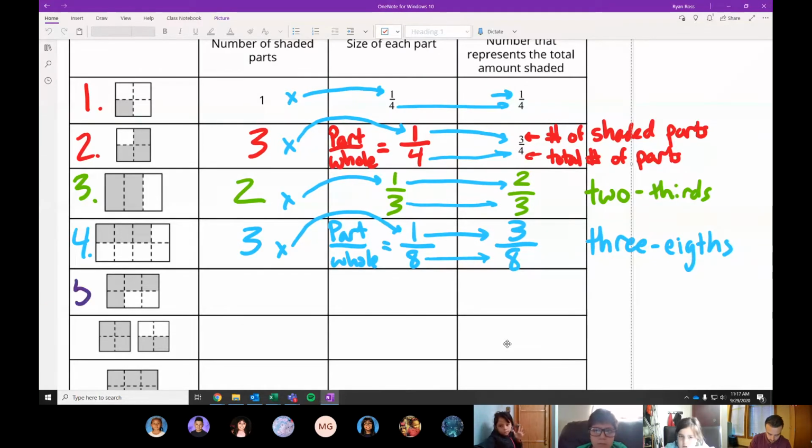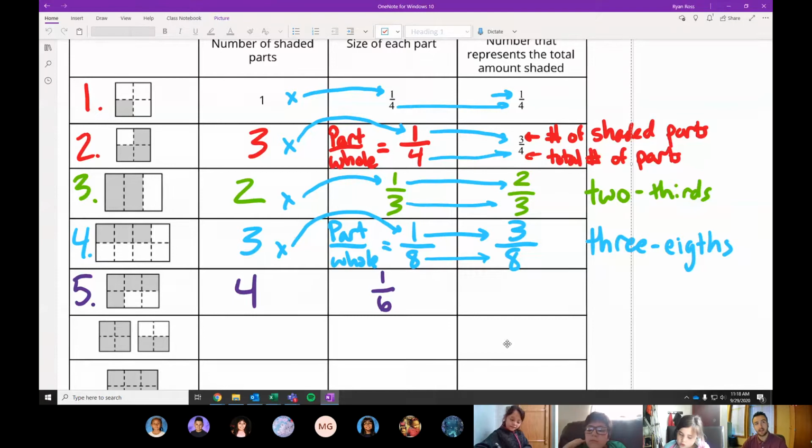Okay, let's look at 5 here. Let's use purple. Okay, who can help me with 5? Elizabeth, do you want to help with 5? Four. Okay, so there are 4 shaded parts. What's the size of each piece? 1/6.